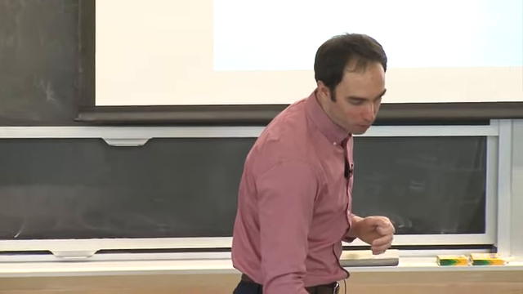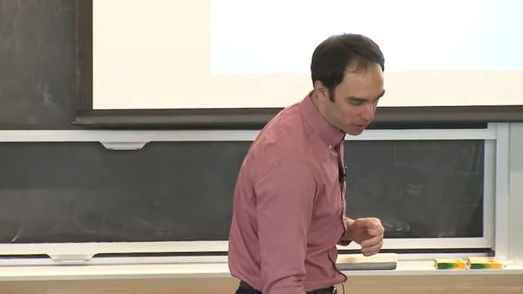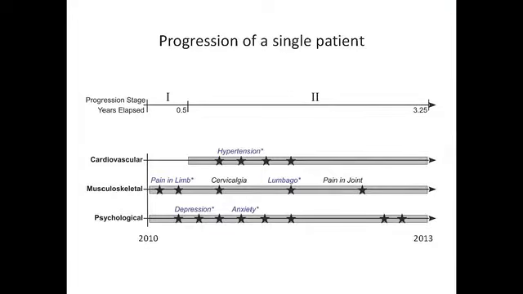So one could then use the model to answer a couple of the original questions we set out to solve. The first one is, given a patient's data, which I'm illustrating here on the bottom, I have artificially separated it out into 3 different comorbidities, and a star denotes an observation of a data type of that one. But this was artificially done by us, and it was not given to the learning algorithm.